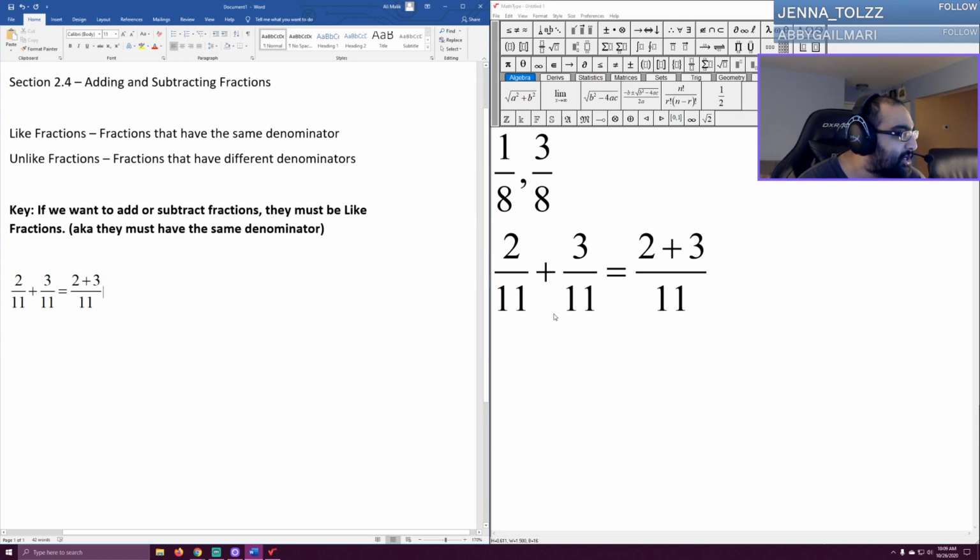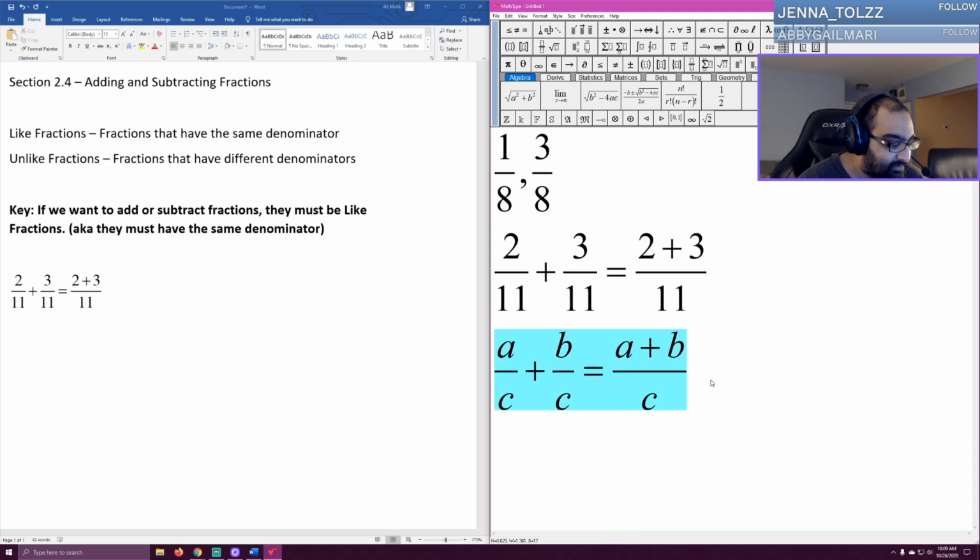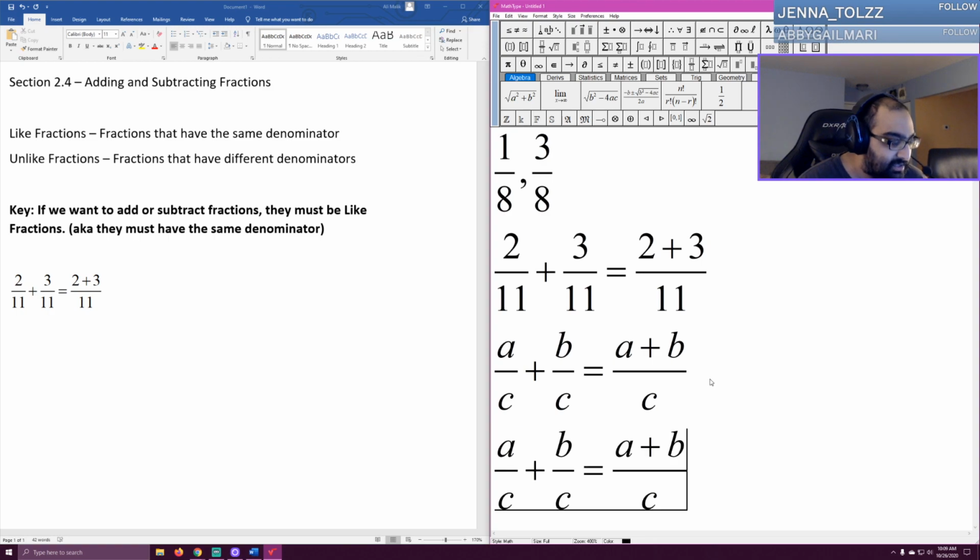In general, if you're adding or subtracting, let's say you have A over C plus B over C. Keep the denominator C the same, and just add A and B. You can repeat this process with subtraction as well: just subtract the numerators from each other and keep the denominator.